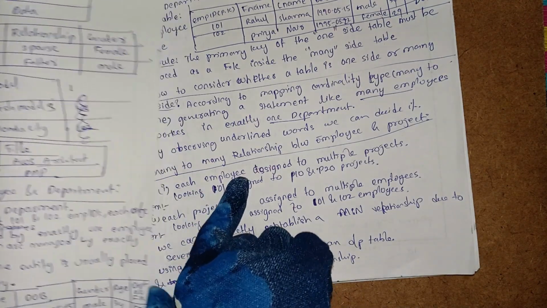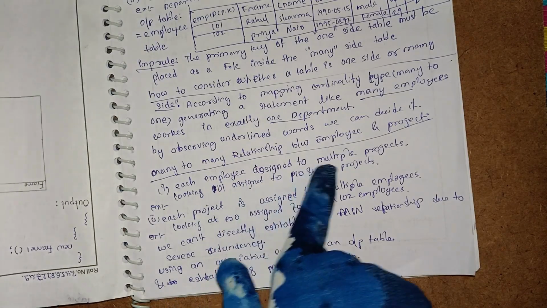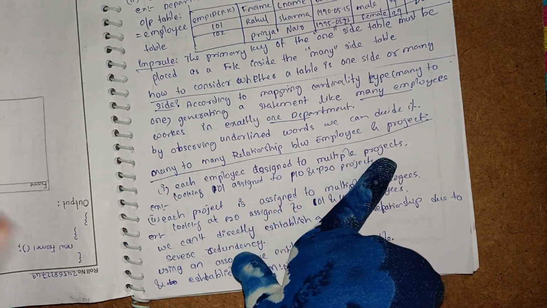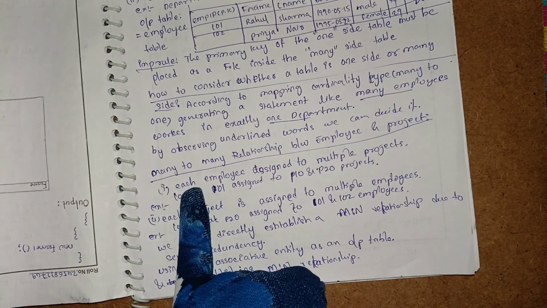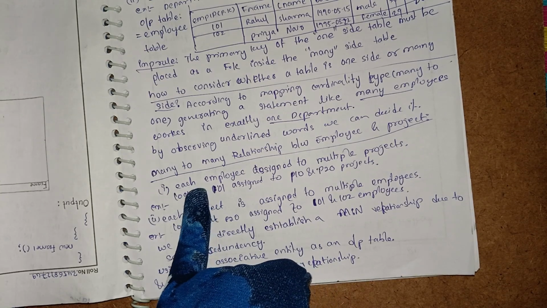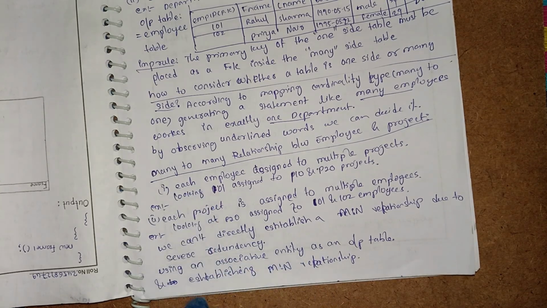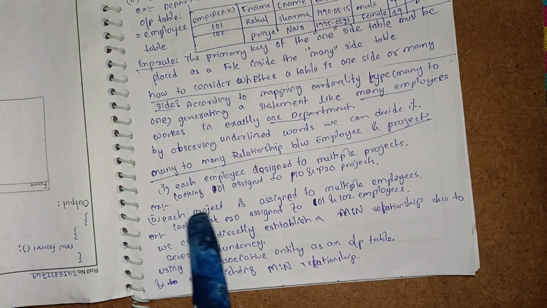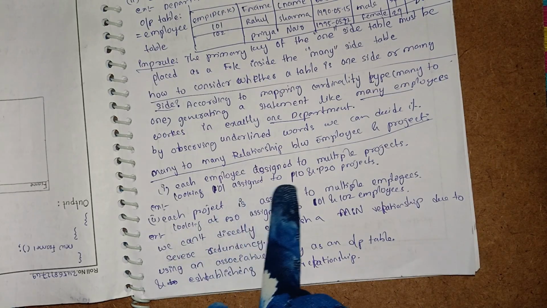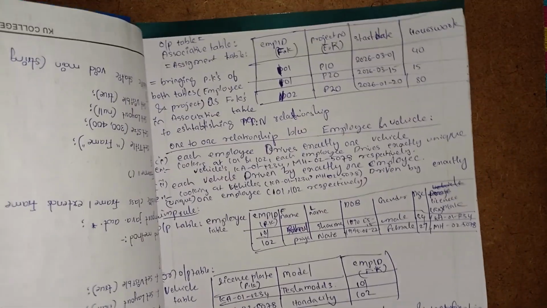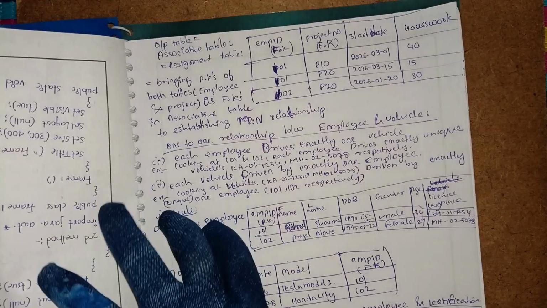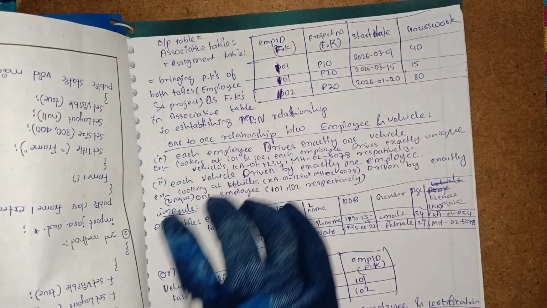Each row is related to multiple rows in the second table. This is satisfying the first statement of the definition. Looking at 101, it is assigned to P10 and P20 projects. Your output table is the assignment table.